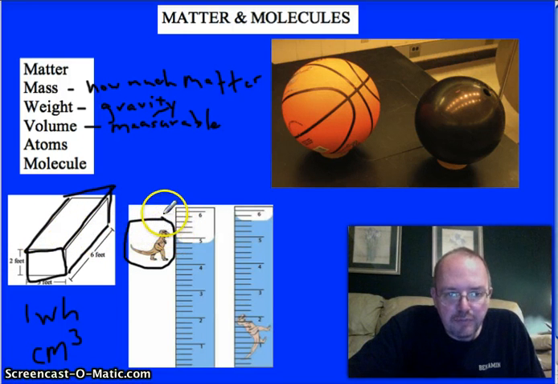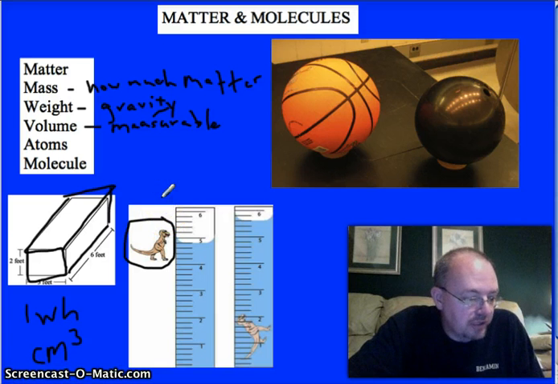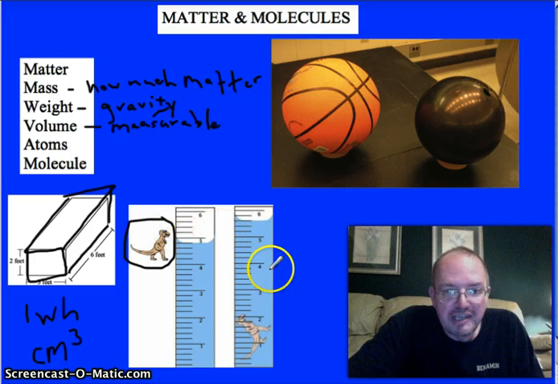You can't have a formula for what a toy dinosaur would be. So, something that would really help in determining its volume would be displacement. The displacement of water: whenever you take this toy dinosaur and put it in water, you know it's going to take up space where the water once was.